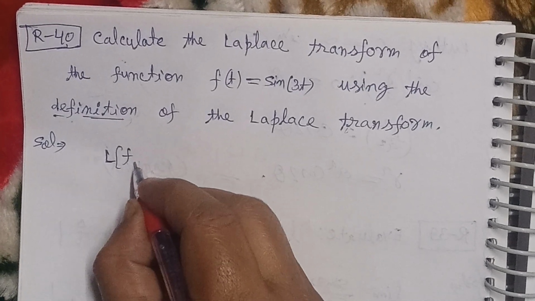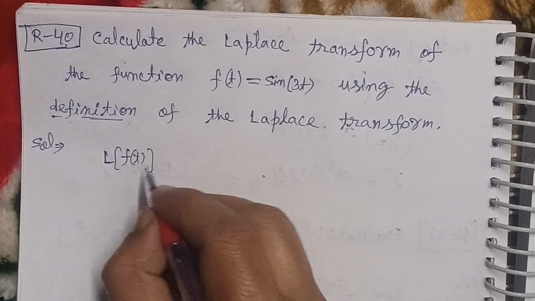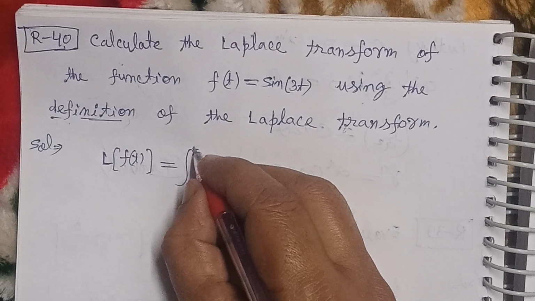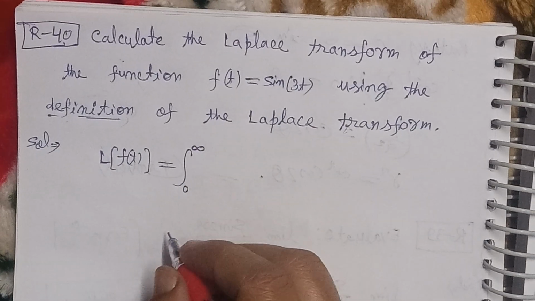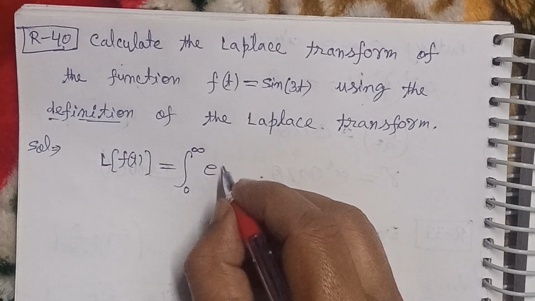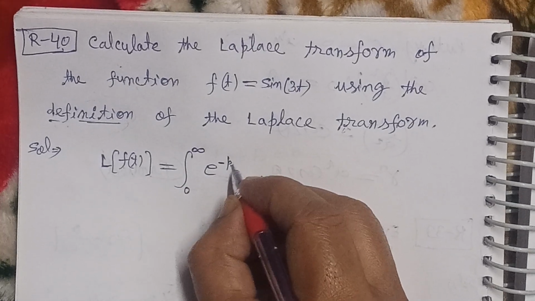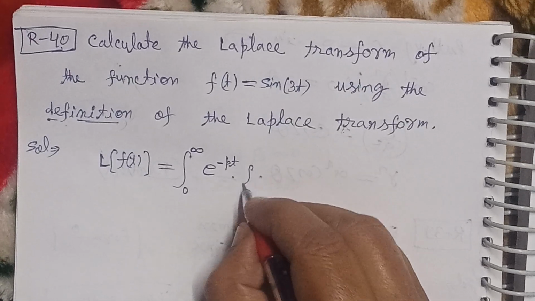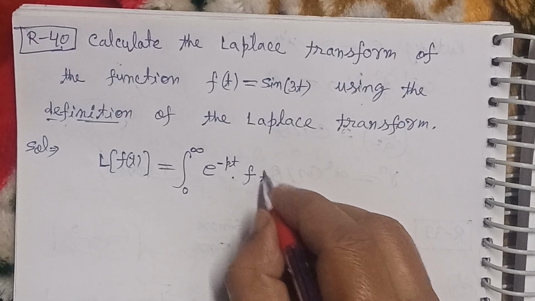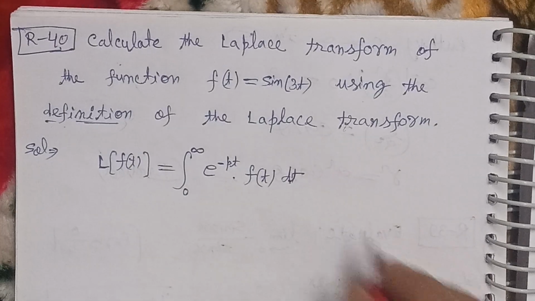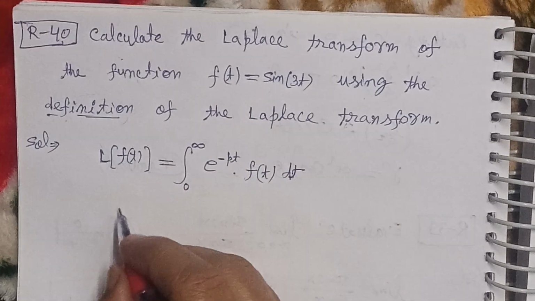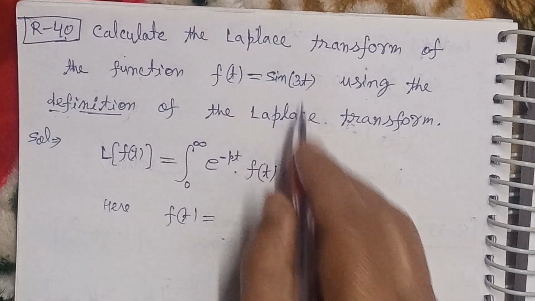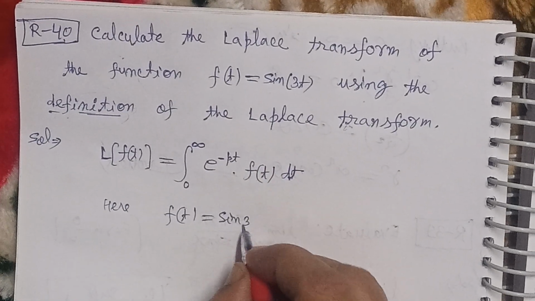Laplace of function f(t) is defined as the integral from 0 to infinity of e to the power minus pt, multiplied by the function f(t) dt. But here the value of f(t) is sine of 3t.